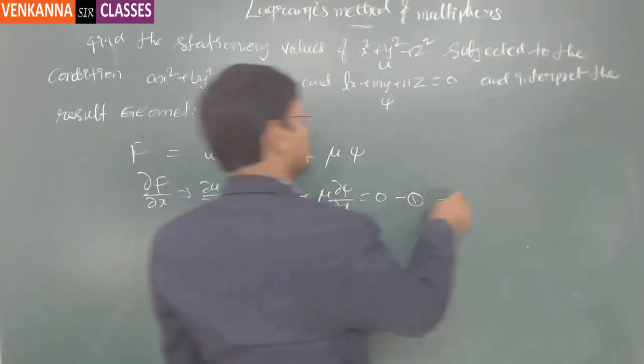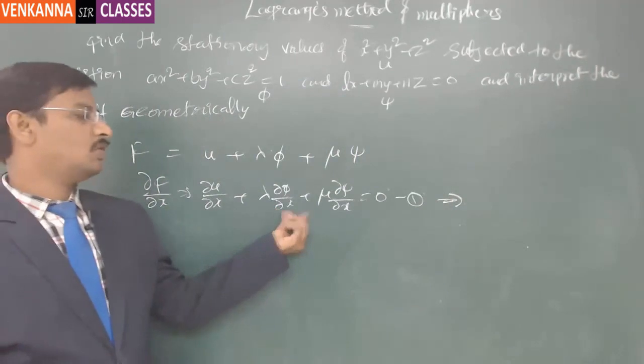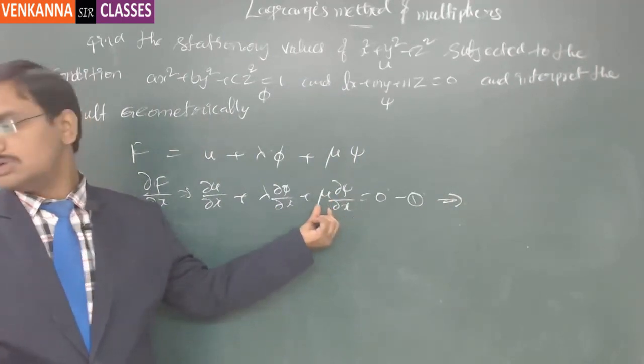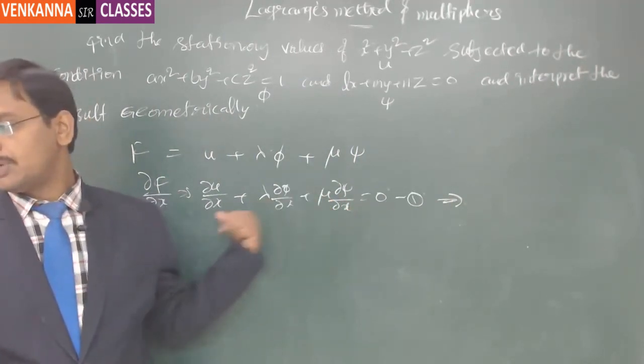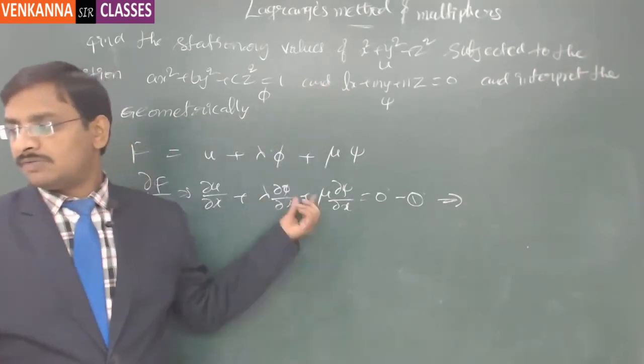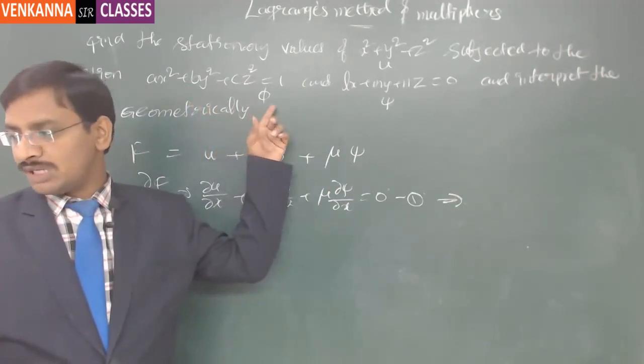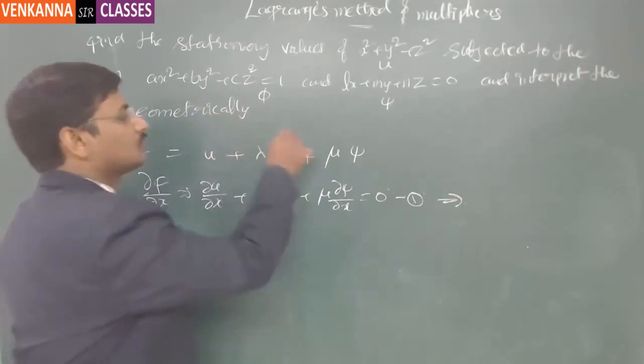Now this implies ∂u/∂x, lambda times ∂phi/∂x and mu times ∂psi/∂x. Here u is nothing but x square plus y square plus z square, and phi is nothing but ax square plus by square plus cz square minus 1. So that is how you will write it.